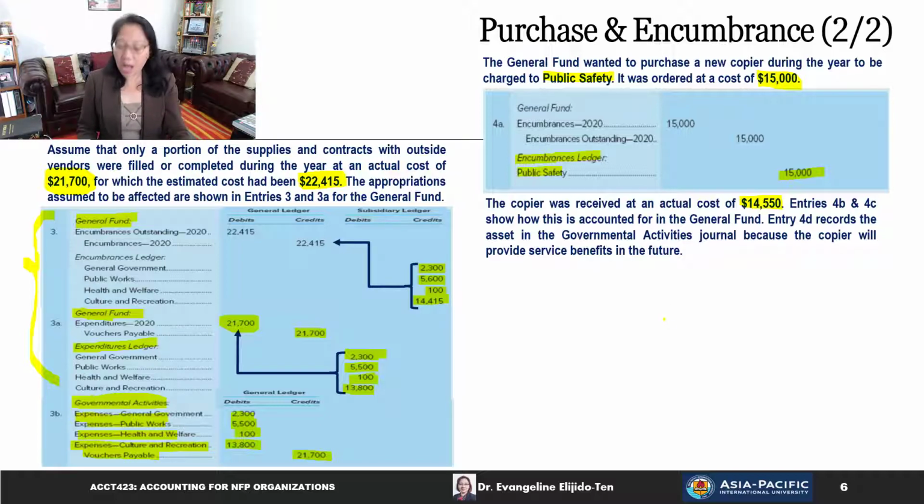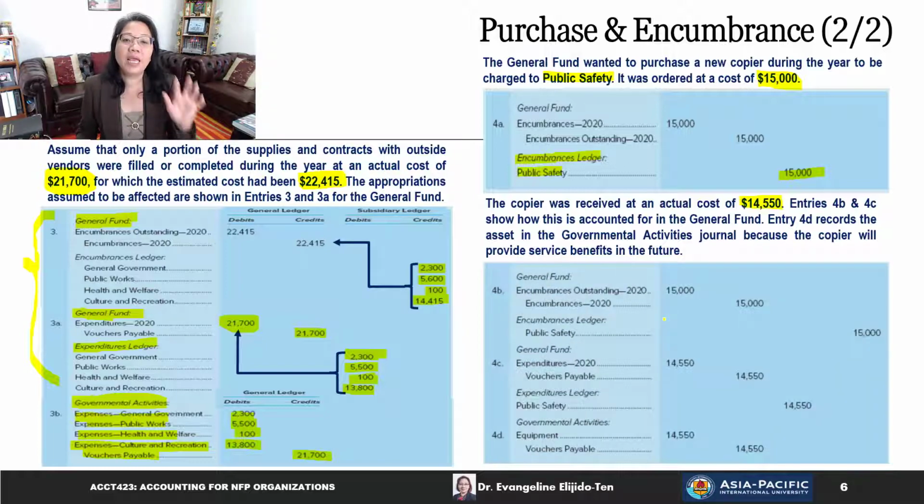So how will we enter this? In the general fund, we will then reverse journal entry 4A. Because now we have already received the copier, we will reverse this entry, debit encumbrances outstanding, credit encumbrances for 15,000.